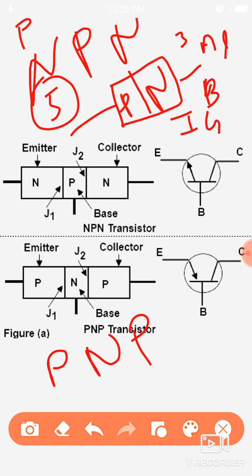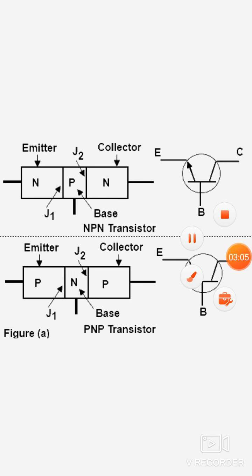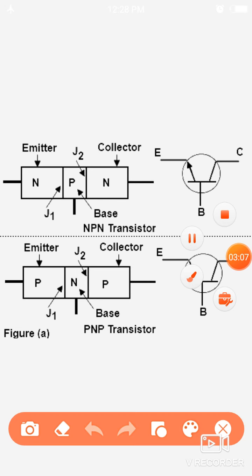Here we can see easily the NPN transistor symbol.